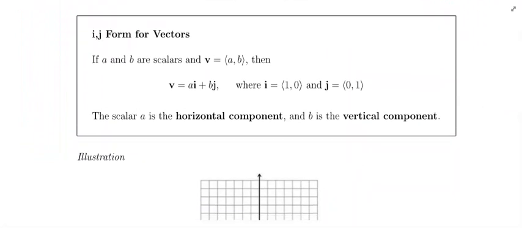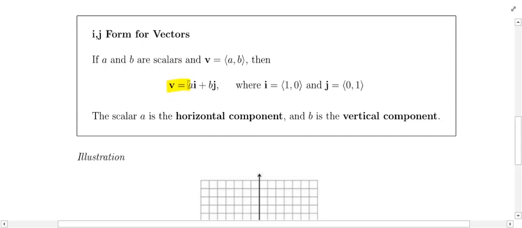The reason being is that much of the time vectors are written in what's called ij form. So in the box, let's talk about this ij form for vectors. It says if a and b are scalars and you have a vector v with a horizontal component of a and a vertical component of b, then we can write the vector v in this ij form like this.